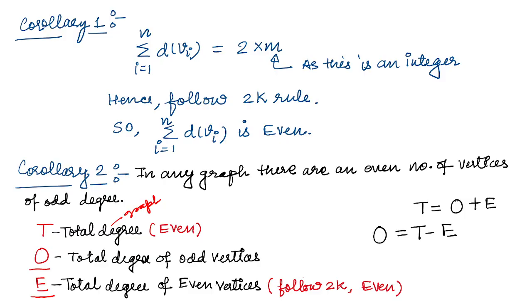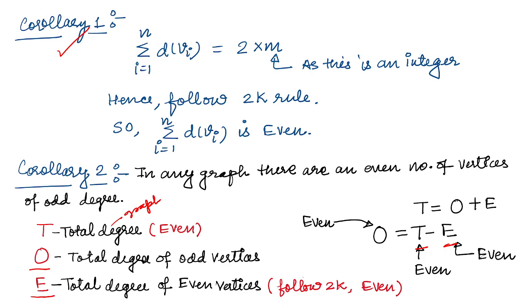Now as the total degree is even, as we have proved, T is even, and the sum of the degrees of vertices having even degree will also come out to be even. So in this arrangement, T is even, E is even. When an even number is subtracted from an even number, what we get is an even number. So therefore O will be even.